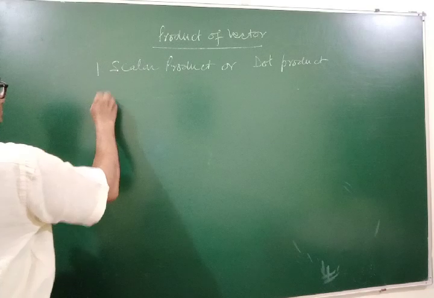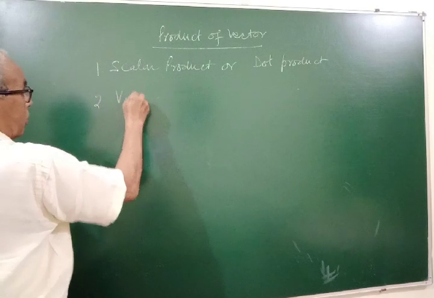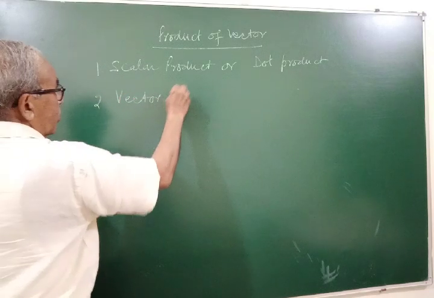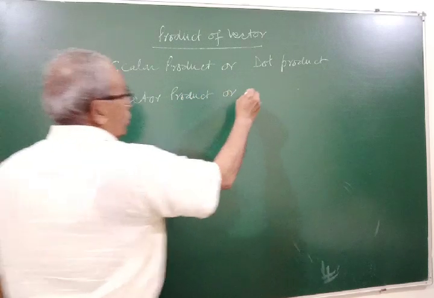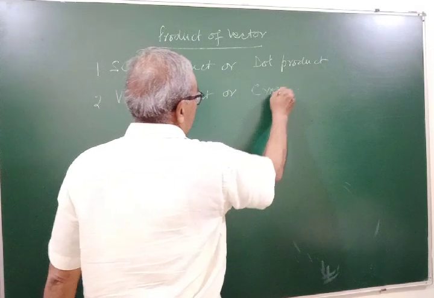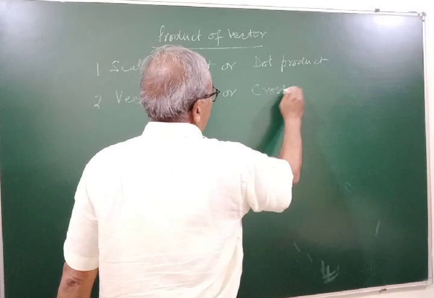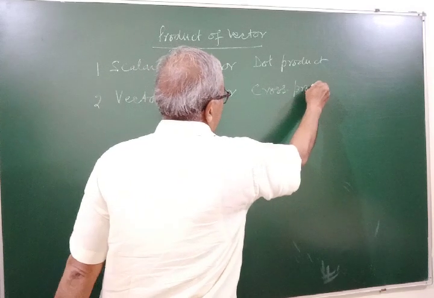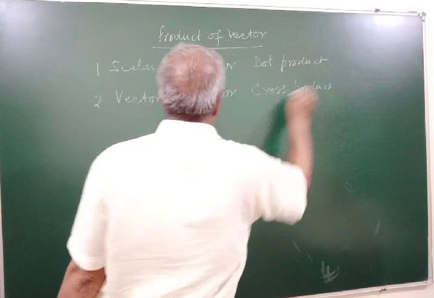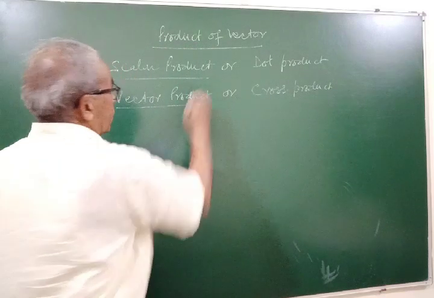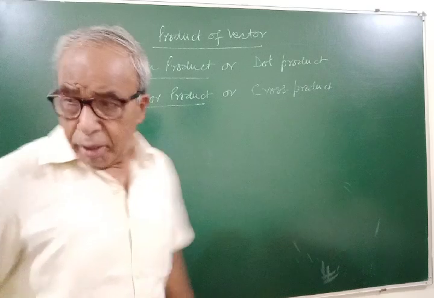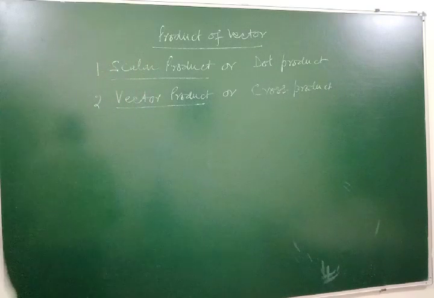Similarly, the vector product, or cross product. Basically this product is a vector product and that is a scalar product. Why these two are so called, I will be discussing here.